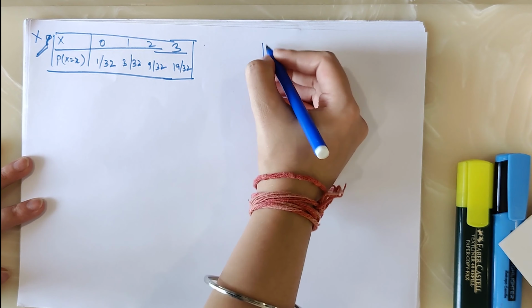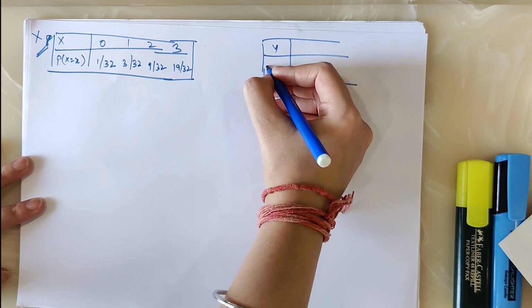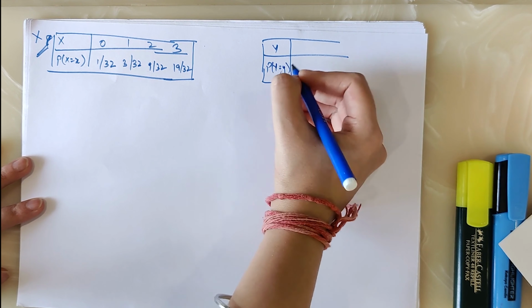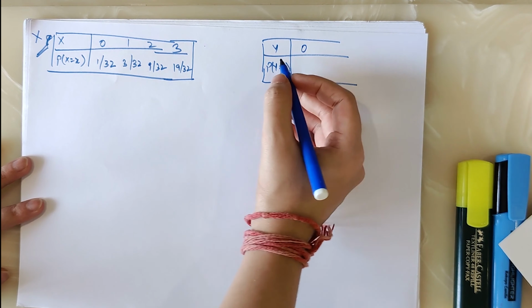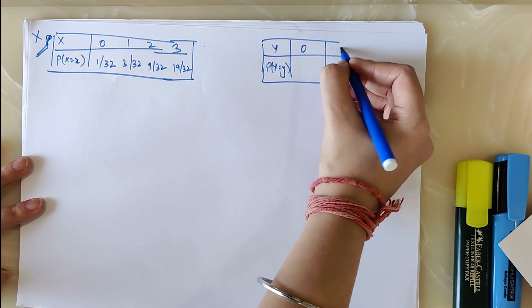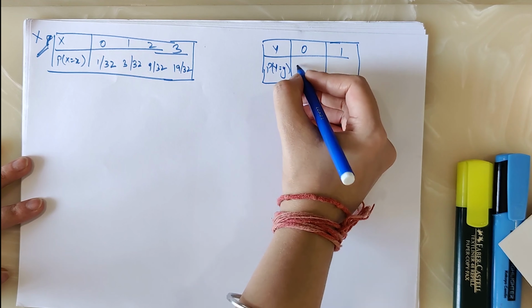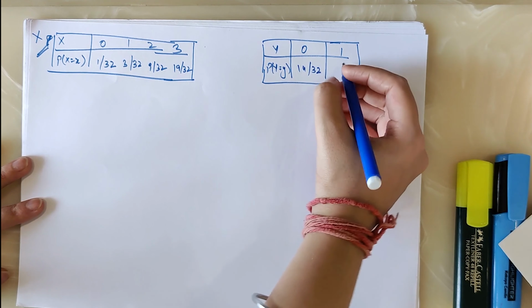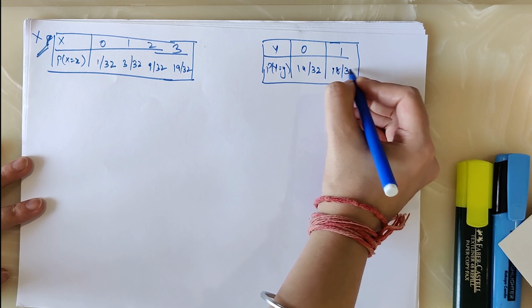Now the marginal distribution of y is given by this particular table. The possible values of y are 0 and 1. So for probability y is equal to 0, we have probability 14 by 32, and for probability y is equal to 1, we have 18 by 32.